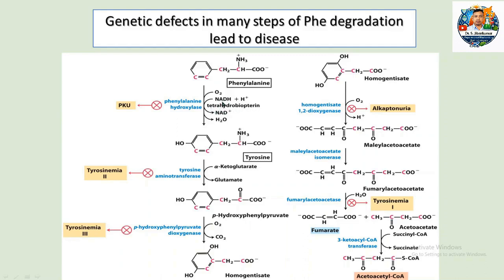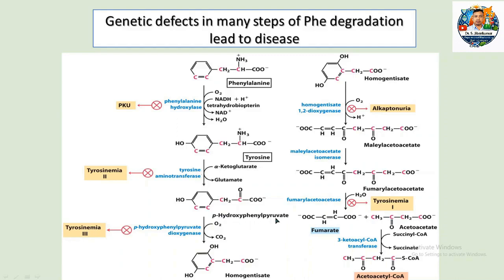For example, if there is no tetrahydrobiopterin or NADH, then this reaction cannot occur. So in that case also, it will lead to phenylketonuria. Okay, coming to the next step.